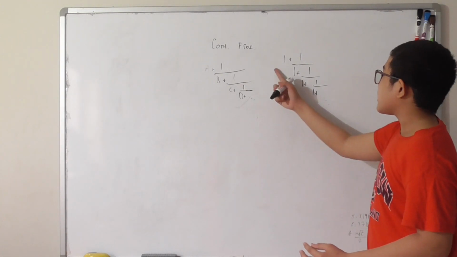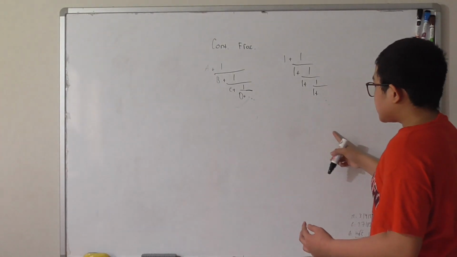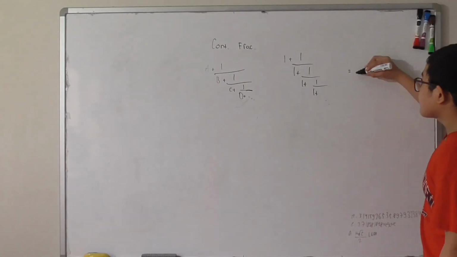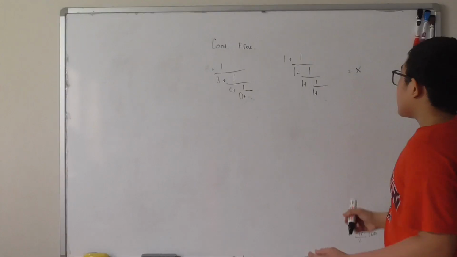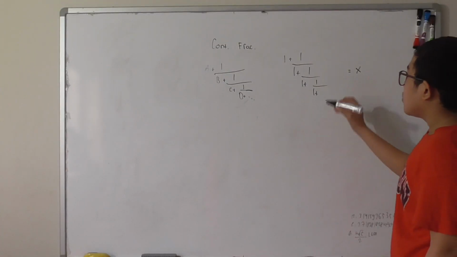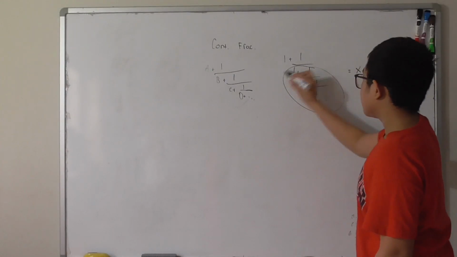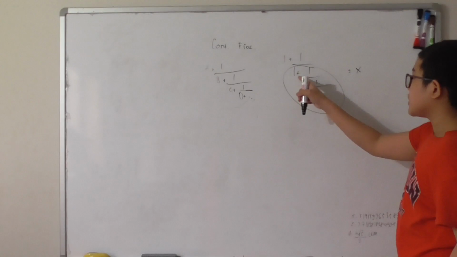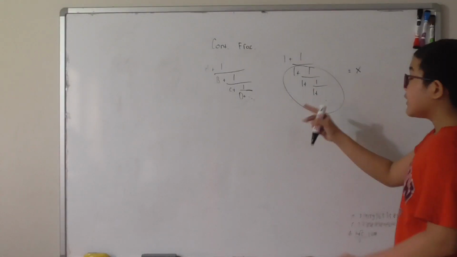So then let's just take a look at this continued fraction and simplify it. Let's make this equal to x. Now, if this is equal to x, which is 1 plus 1 over and so on, well, if you look at this value over here, this is also equal to x, because it's 1 plus 1 over 1 plus 1 over 1 and so on.